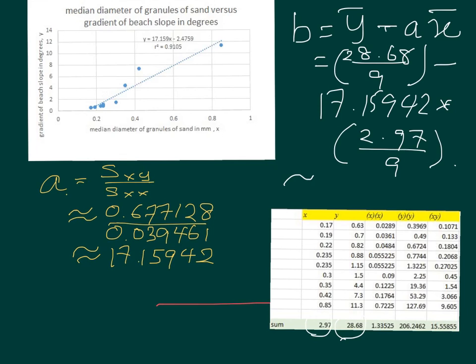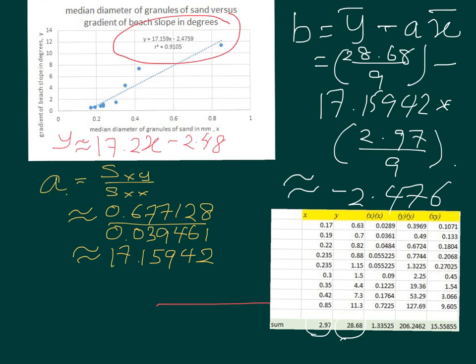And if you work this out correctly, you will get roughly negative 2.476 to 3 decimal place. So now my best fit line linear equation is here. Rounded to 3 decimal place, y is approximately equal to 17.2x minus 2.48.